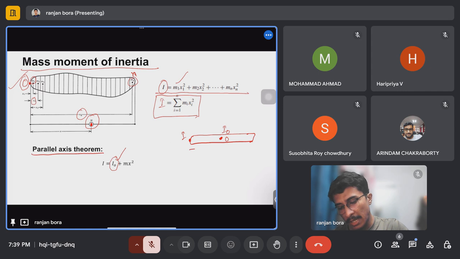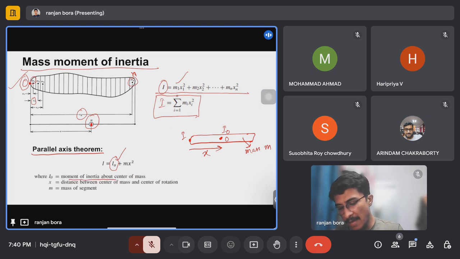This distance is x, and the link has a mass m. So I is given as I naught plus mx square. I naught is the moment of inertia about the center of mass, x is the distance between the center of mass and the center of rotation, and m is the mass of the segment.